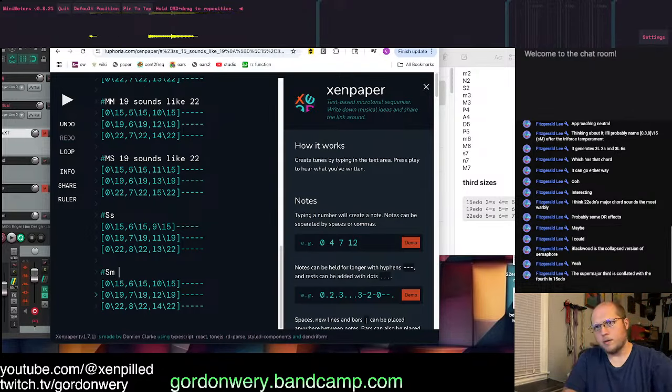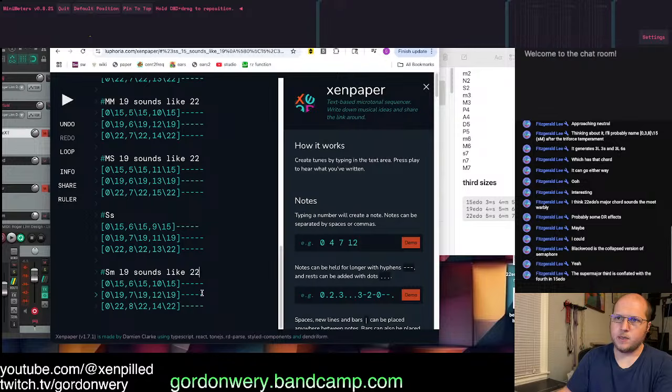So since both tunings support sense of magic, that makes sense. And then 15, once again, it's like an inversion of a different triad. In this case, it's a minor chord. It's an inversion of a minor chord. All right, let's keep going.